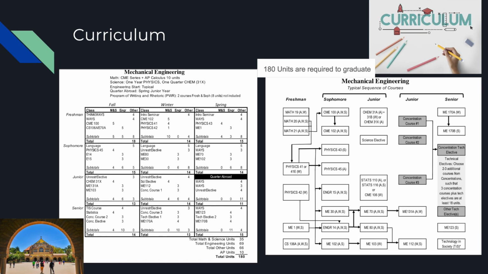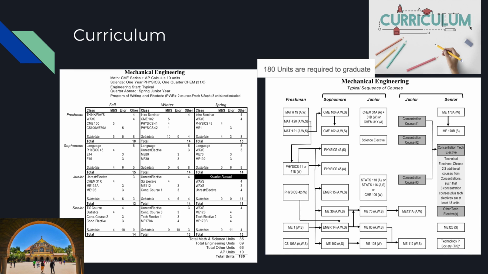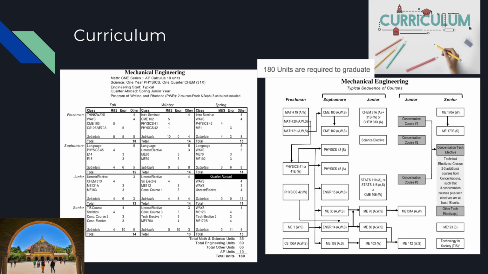On the right side, you can see a flowchart representing the typical classes that a mechanical engineering student would take when going to Stanford, and all the possibilities listed with the class numbers. Additionally, you can see the unit breakdown for each of the classes, again on the left-hand side, with the class breakdown of an example curriculum of a particular student.